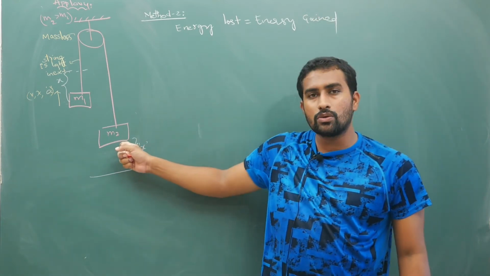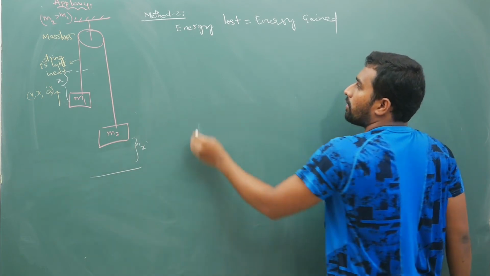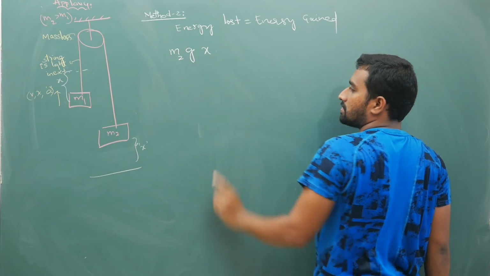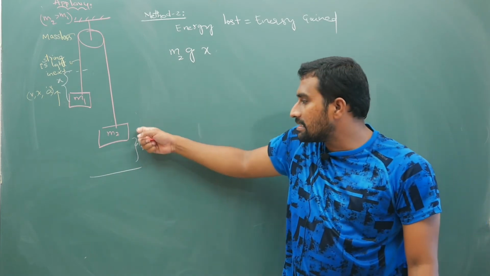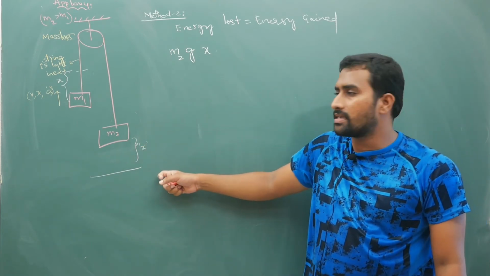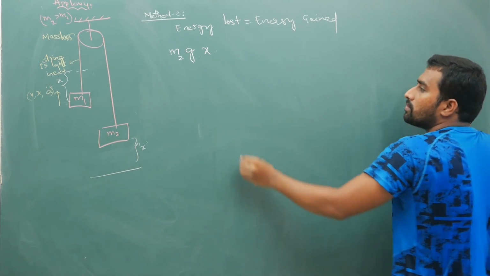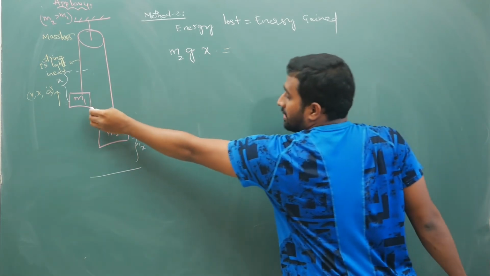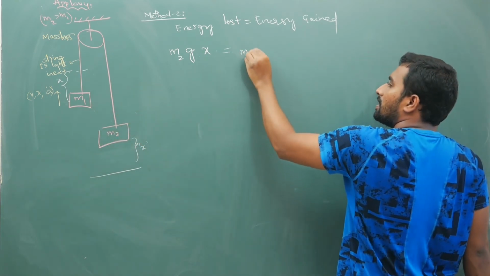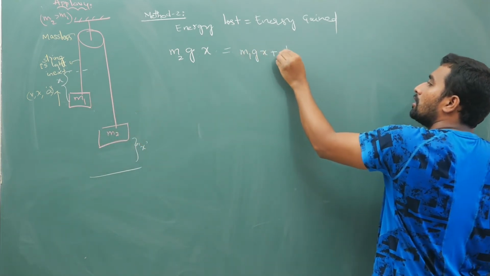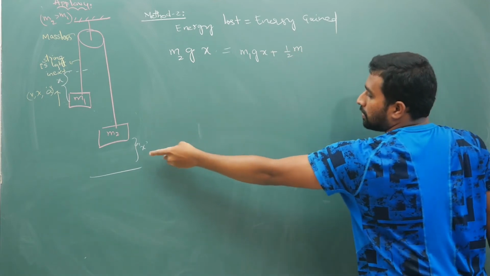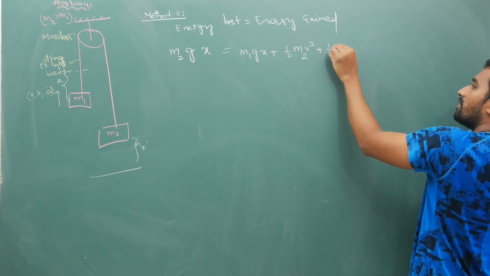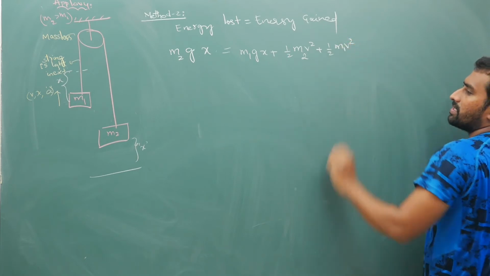This body is losing potential energy, so this is m2 into g into x. Only potential energy is lost by this body, no other energy is lost here. So m2 into g into x is equal to the potential energy gained, m1 into g into x, plus the kinetic energy of this block that it gains, half m2 v square, plus the kinetic energy of the first block, half m1 into v square.